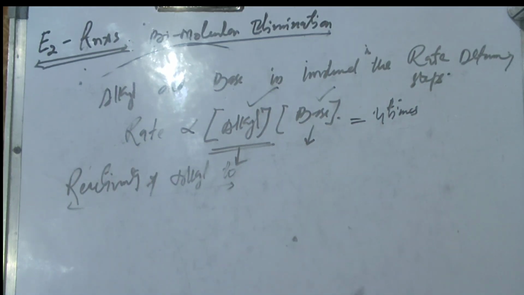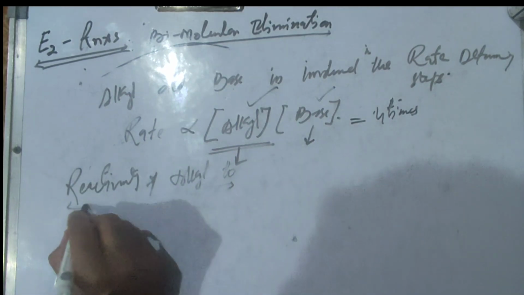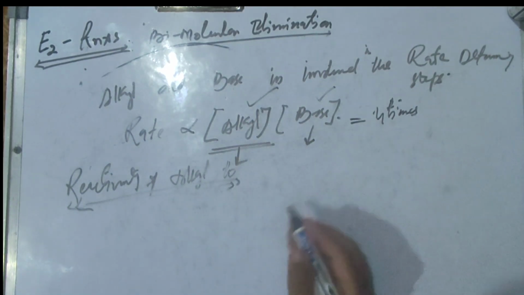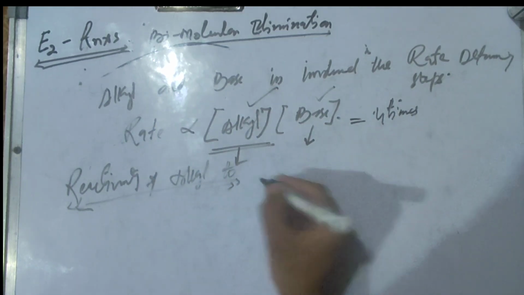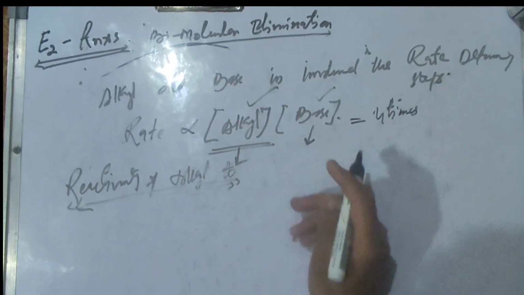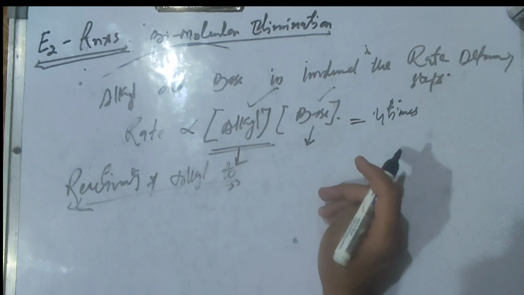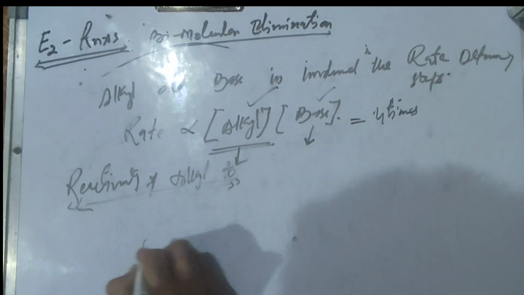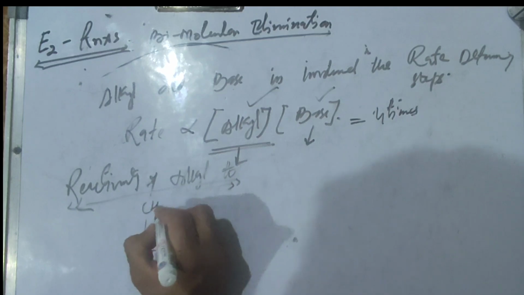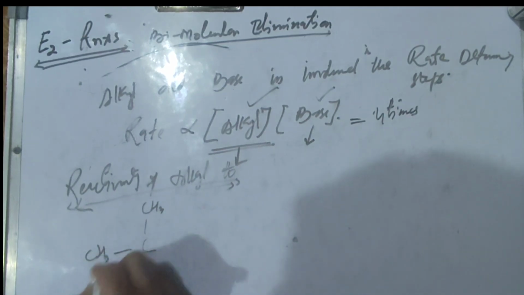Coming back to Saytzeff's rule, the more substituted alkene formed usually is the more stable product and is formed more easily. That means the more stable alkene will be formed from a tertiary alkyl halide instead of a secondary alkyl halide.